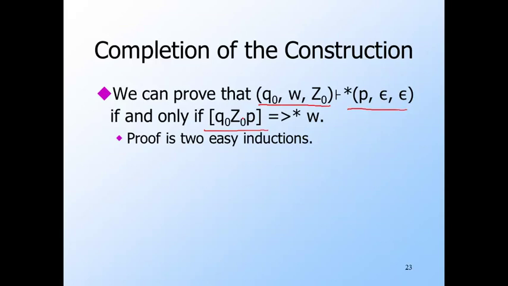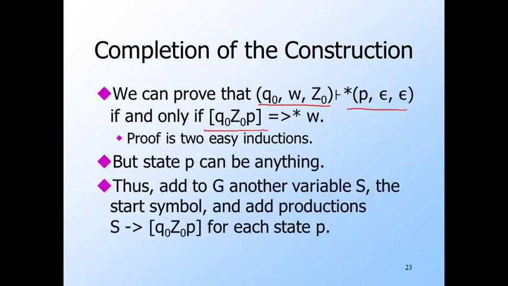It is 2 easy inductions, one for each direction. The only problem is that we don't know state p. But remember, G has another variable S, and that is the start symbol. So we add production S goes to [q0 Z0 p] for every state p. And now we have a grammar that generates exactly the strings that the PDA P accepts.